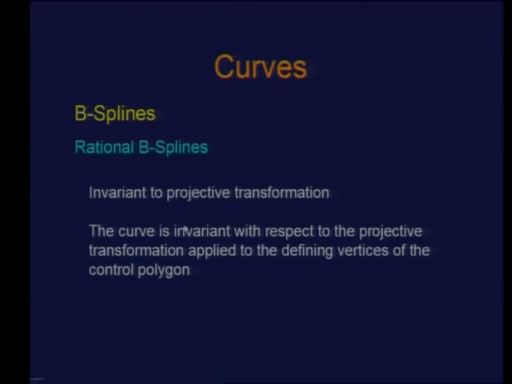Then we have the property of invariance to projective transformation, right, which means that if I apply a projective transformation to the control points of the B spline and reconstruct the B spline curve, it is equivalent to applying the same projective transformation to the curve, right.